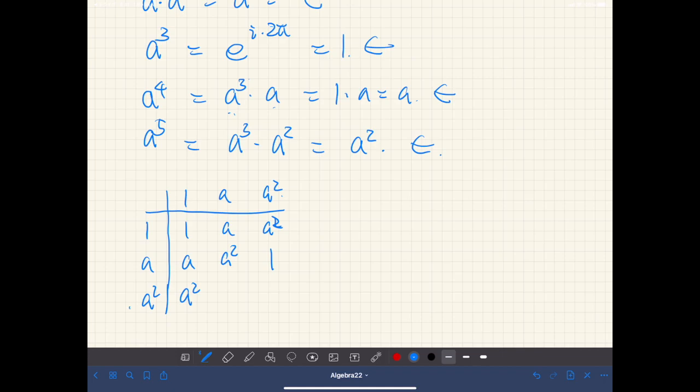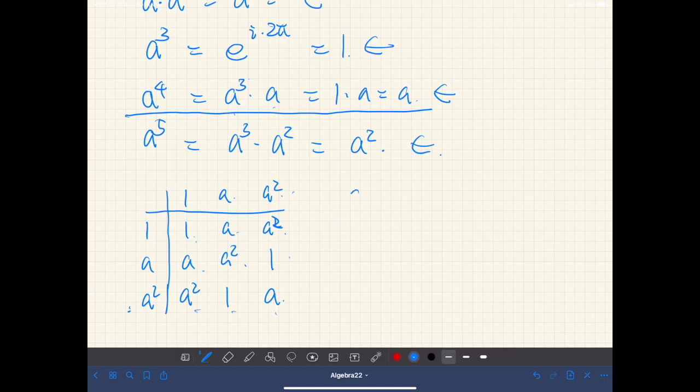And a squared times a is a cubed, which is 1. And a squared times a squared is a to the power of 4, which is equal to a. So this Cayley table contains only 1, a and a squared.